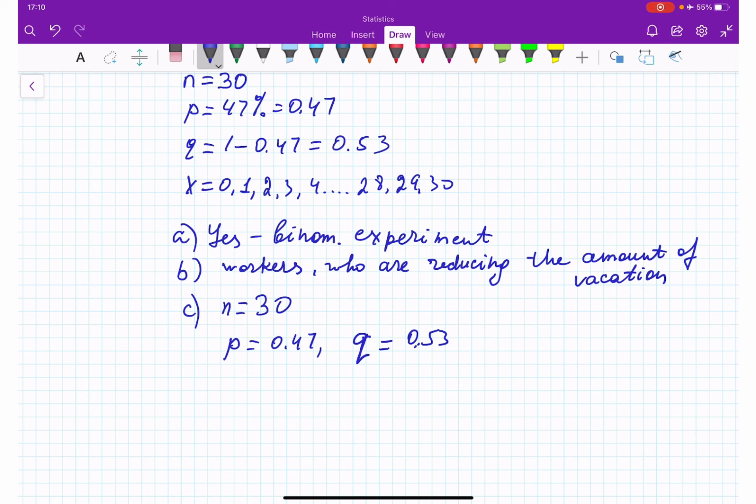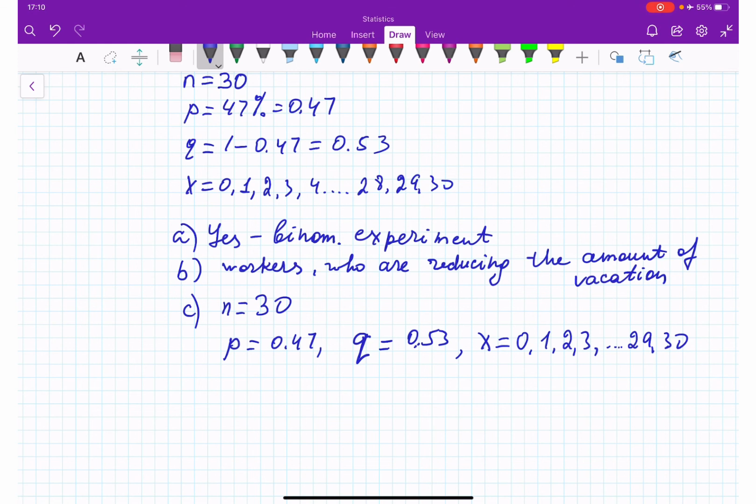Anything else we need to answer? Yeah, and x also we have already. X can go from no success whatsoever, 1 success, to 3, and maximum can go till 30, right? Okay. All right, we're done.